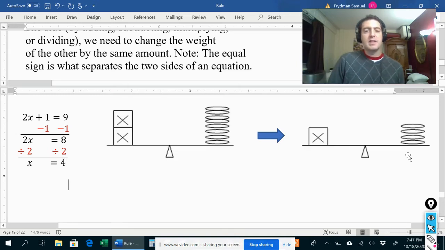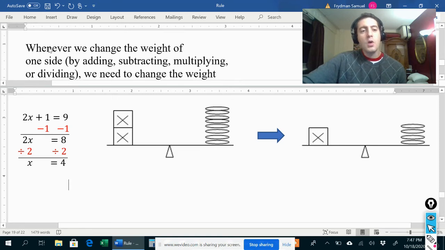And they must be balancing out because they started out the same over here. The weight over here was exactly the same as the weight over here. And then if I cut this weight in half and I cut this weight in half also, both sides should still have the same weight. Not the same weight that they had before, but still the same weight as each other on the left and on the right. Okay, so I just figured out that 1 Xbox must be equal to 4 stones.